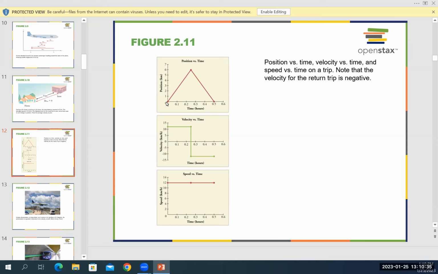Our initial position was 0. So that means our total displacement is 0. But we can clearly see that the distance traveled went from 0 to 6.5, about 6.5 kilometers, and then back down to 0. So that's another 6.5 kilometers. So the total distance looks like about 13 kilometers, but our displacement is 0.